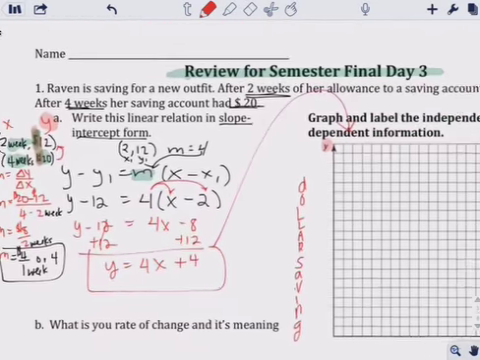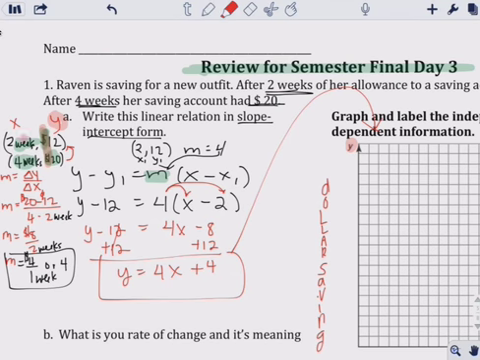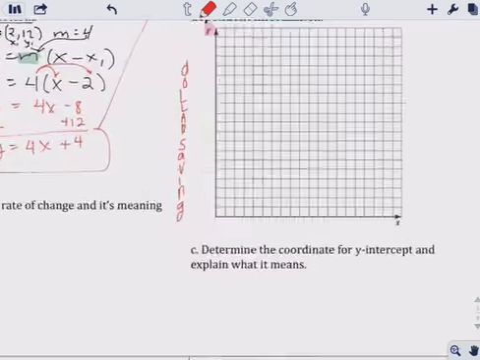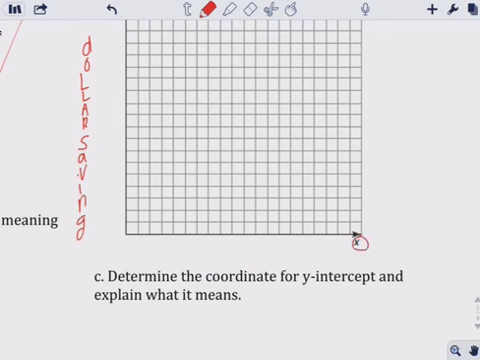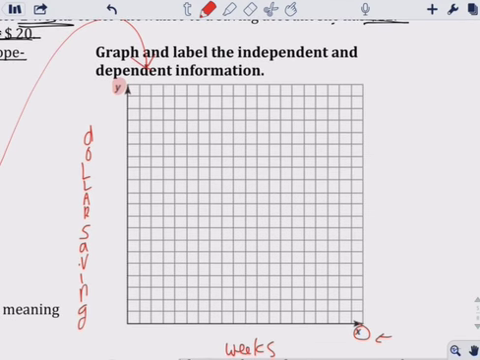And the x talks about weeks. She's saving it in weeks. You need to label the independent. The x is independent. The y is your dependent.